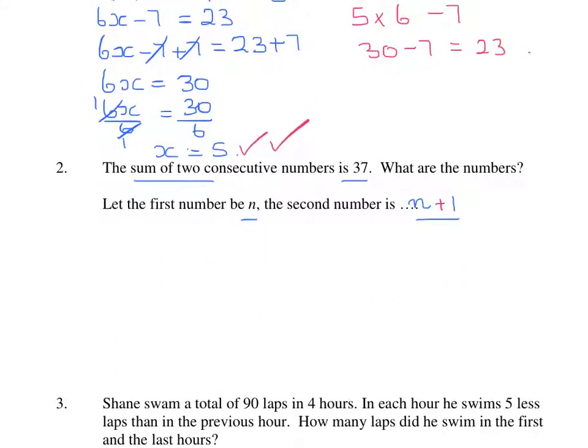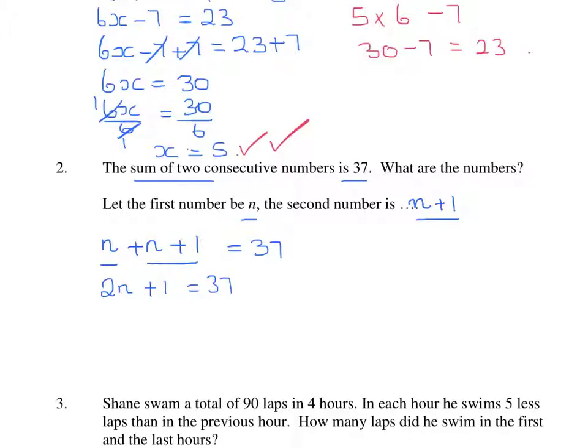So it'll be n plus n plus 1, that's the first number, that's the second number, is equal to 37. So n plus n is 2n plus the 1 is equal to 37.